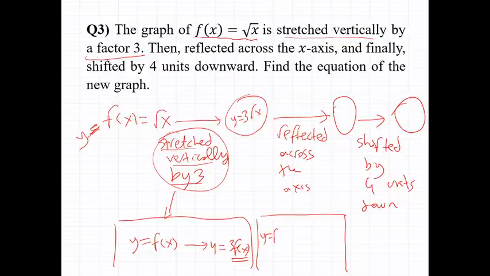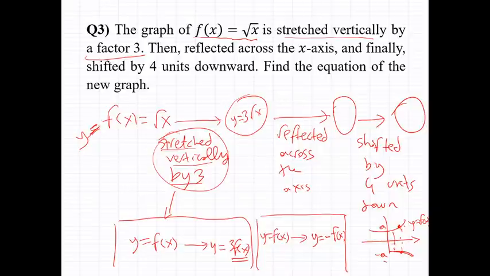Now, what does the reflection correspond to? The reflection across the x-axis makes y equal to minus f of x. If you have y equal to f of x here, when you reflect it across the x-axis, all these points come to here. If this is a, this becomes minus a.